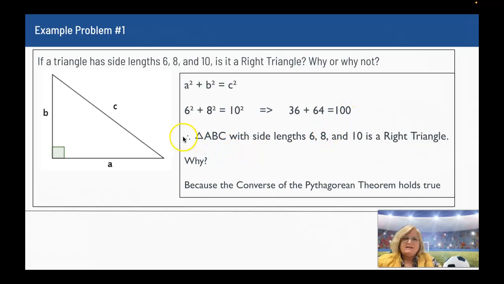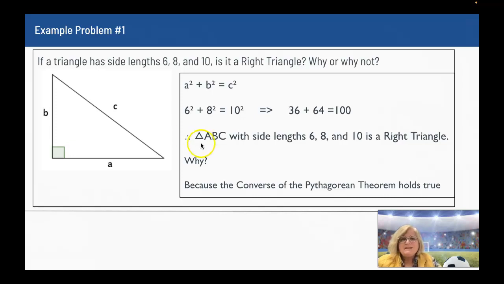Okay, these three little dots, I use them a lot when I teach. They mean therefore. I use the three dots a lot because it's a faster way of writing therefore, and we use a lot of symbols in math to stand for some words.